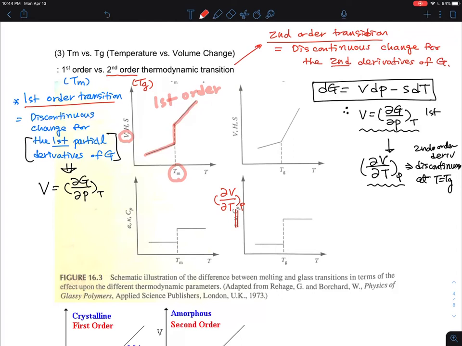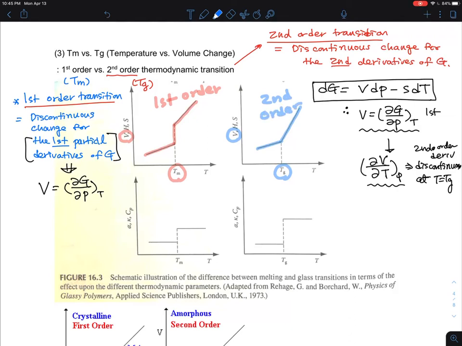Okay, so what you can see here now is I will replot this idea. So for example, here you have discontinuous changes. One way to look at this picture, I will try in a different way. To remember, I used to draw the more continuous volume rise at Tg, compared to Tm, and that's what I call the second order. And why is that?